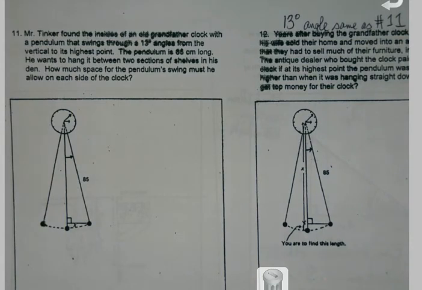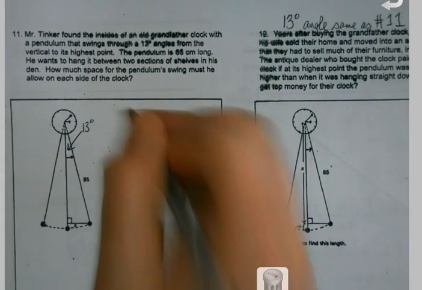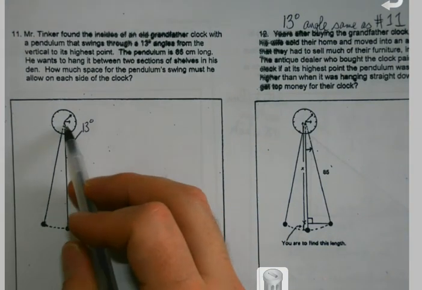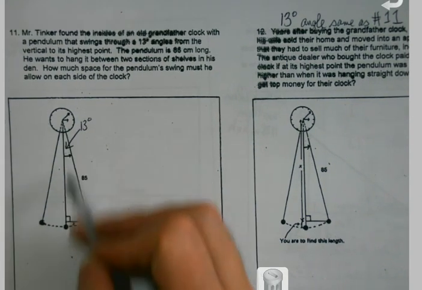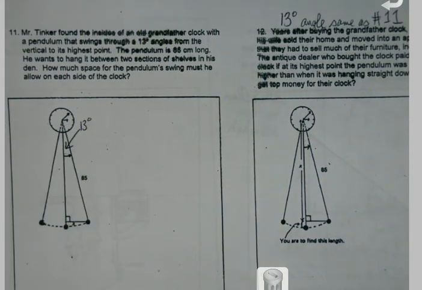Mr. Tinker found the insides of an old grandfather clock with a pendulum that swings through a 13-degree angle from the vertical to its highest point. In other words, right there. And when they say the vertical to its highest point, it just means we start, here's my vertical line, my straight up and down, and when it gets to its highest point, it's been 13 degrees in this direction.